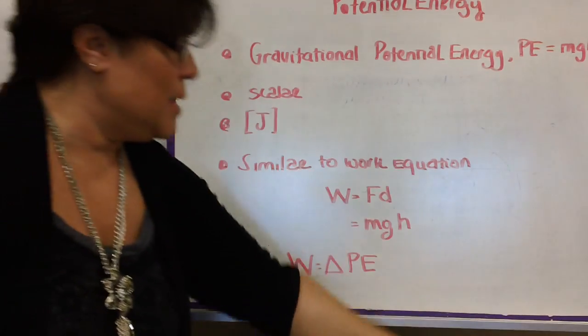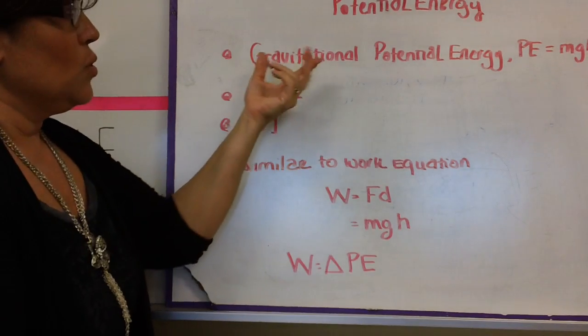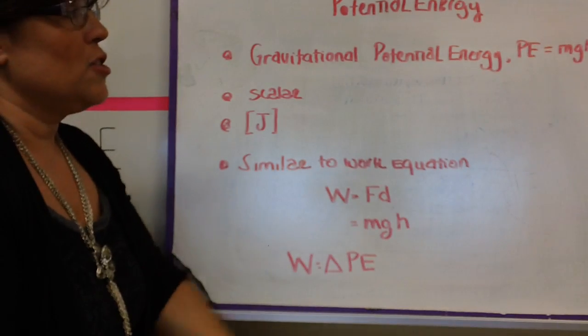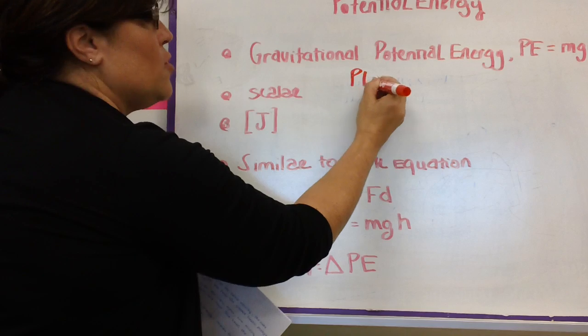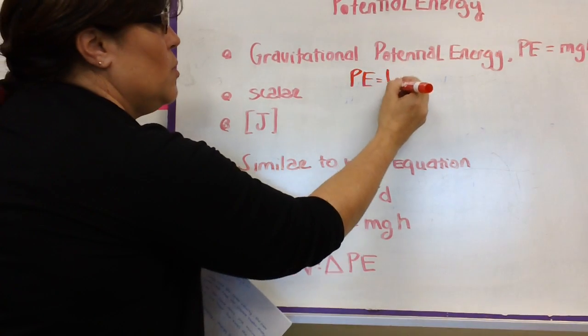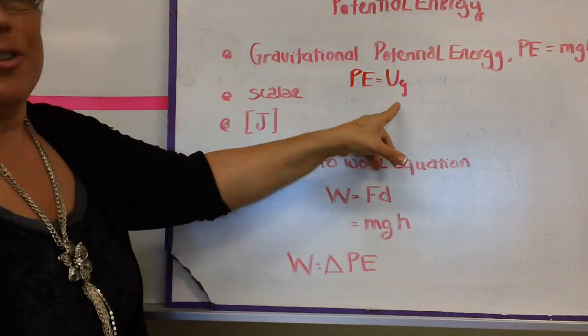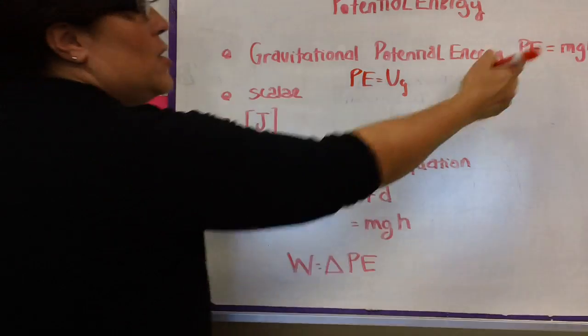Okay, now we're going to get into more detail about potential energy. We're only going to talk right now about gravitational potential energy, and we use PE, that's potential energy, and sometimes you'll see U with a G. So this would be gravitational potential energy. Well, the equation for that is just mgh.